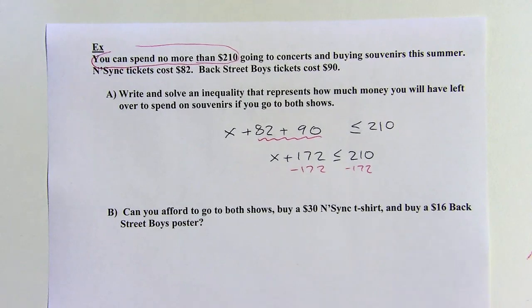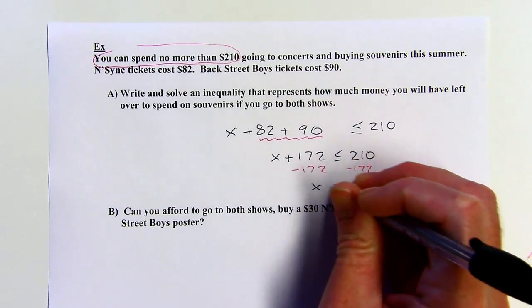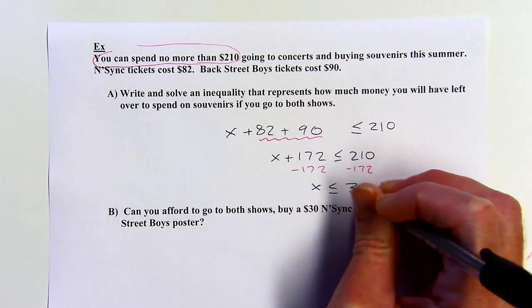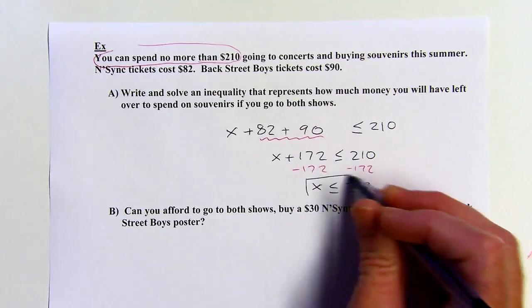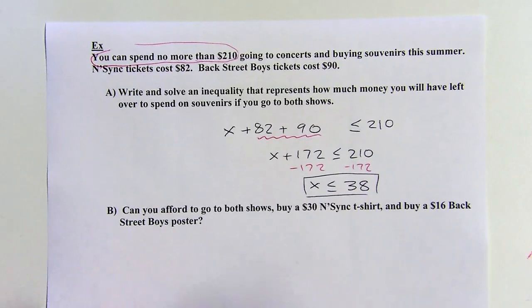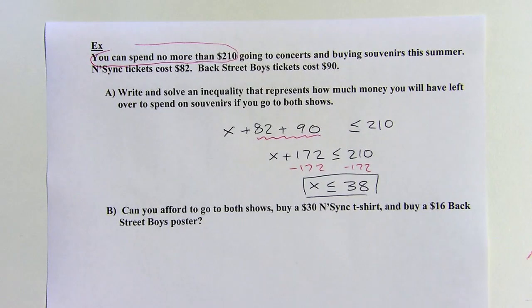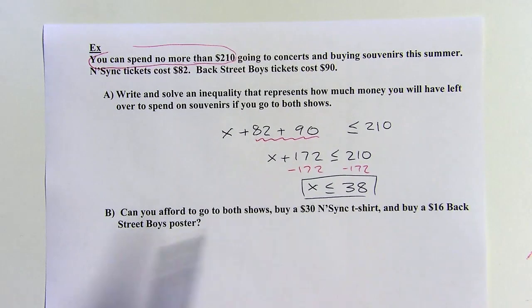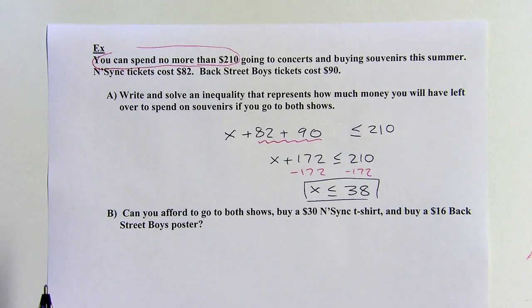Okay, and that leaves me with 38. So for the souvenirs, we could spend $38. We've got $38 with which to buy souvenirs. So you don't have to spend all of it, but you could spend up to that much on souvenirs after you buy the concert tickets.